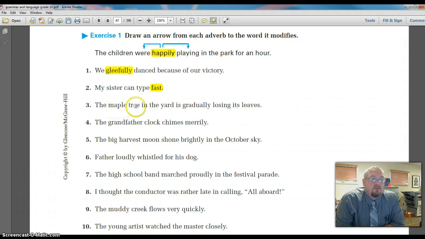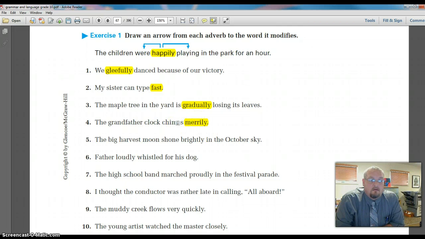The maple tree in the yard is gradually losing its leaves. Gradually would be the adverb. Is losing would be the verb phrase. The grandfather clock chimes merrily. Locate the adverb.